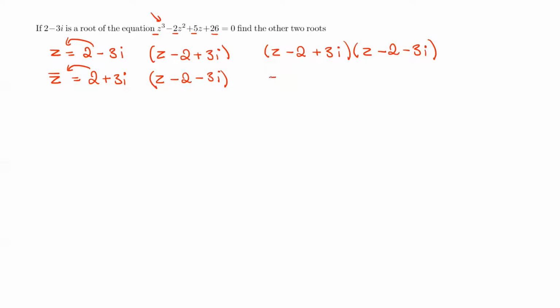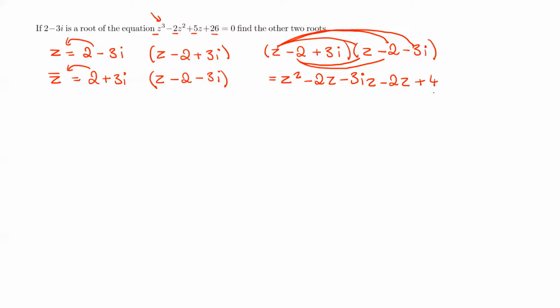So we'll have the z multiplied by the z will give us z squared. Then we'll have the z by the minus 2 will be minus 2z. And then finally the z by the minus 3i will be minus 3iz. Okay, so now the 2. So the minus 2 and the z will be minus 2z. Minus 2 by minus 2 will give us plus 4.